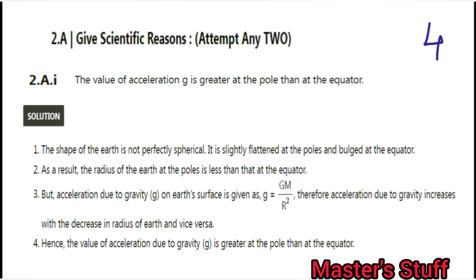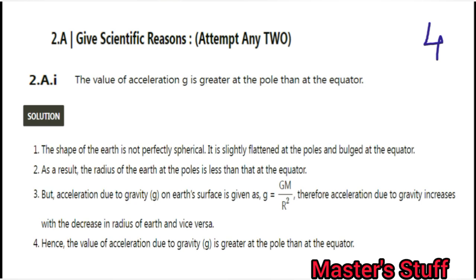Third point, but acceleration due to gravity, meaning small g, on earth's surface is given as g = GM/R². Therefore, acceleration due to gravity increases with the decrease in radius of earth and vice versa.